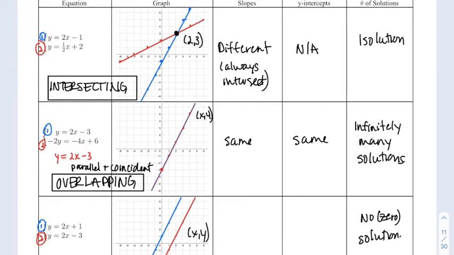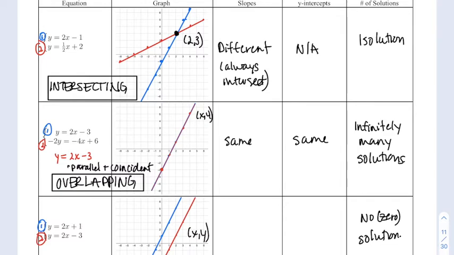Last case, we're going to call this case parallel. In a textbook, you might see this as parallel and distinct. What I've found in the past is students tend to get these two confused, which is why I'm using the word overlapping to describe scenario 2.